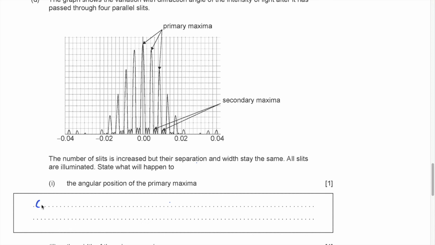So we know that slit separation multiplied by sine theta, where theta is the angular position, is equal to m multiplied by lambda. And because the slit separation is not changed, and wavelength is also not changed, because we know only the number of slits is increased, then the angular position will remain unchanged.